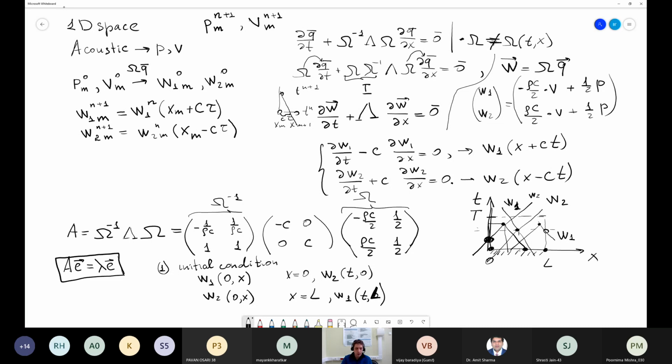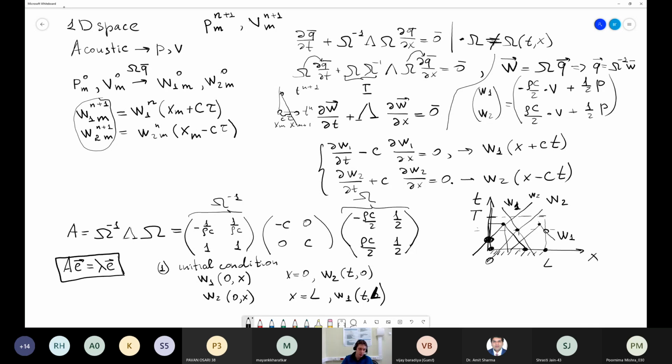So now we calculated both of these values, and we understand that we can write that Q is equal to omega minus 1 multiplied by the vector of W. This relation is valid for any time moment.